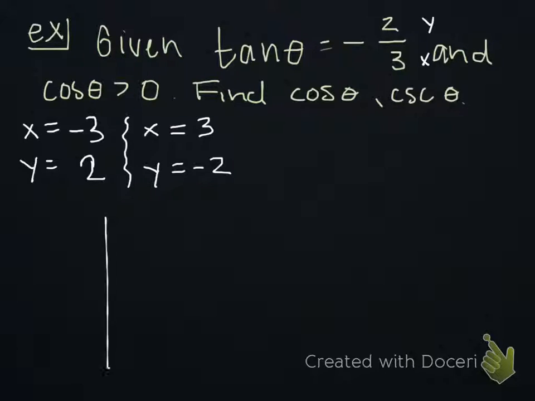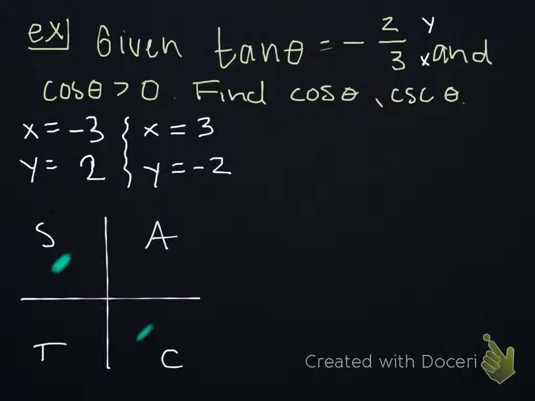So what we're going to do is draw our coordinate plane, and again we're going to label all students take calc. And we're going to plot these 2 points. So if I plot a negative 3, positive 2, I'm in the second quadrant, and if I plot a positive 3, negative 2, I'm in the fourth quadrant. So now we're going to use that second fact to figure out which coordinate we use.